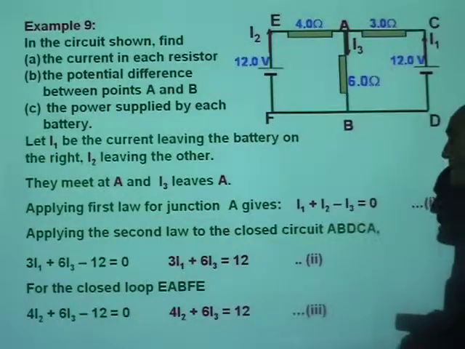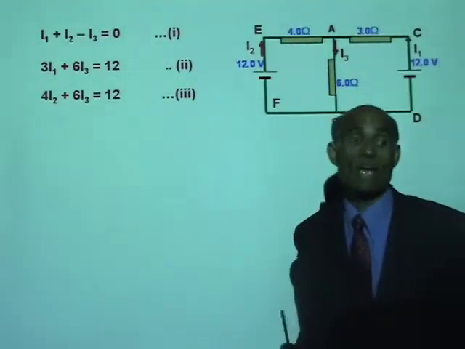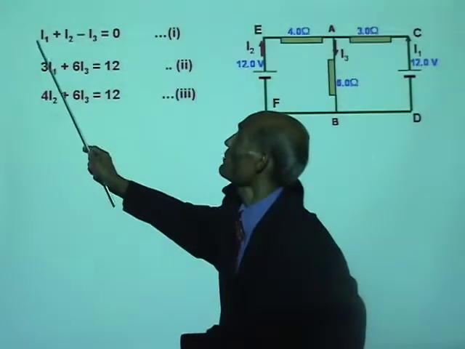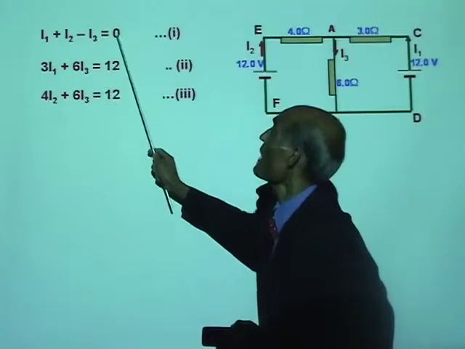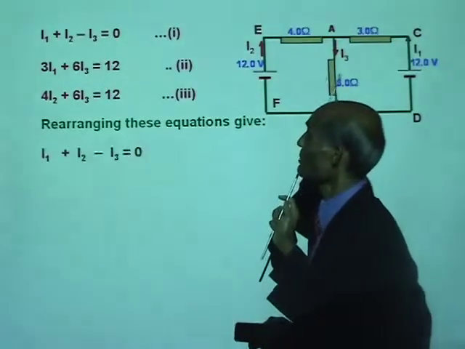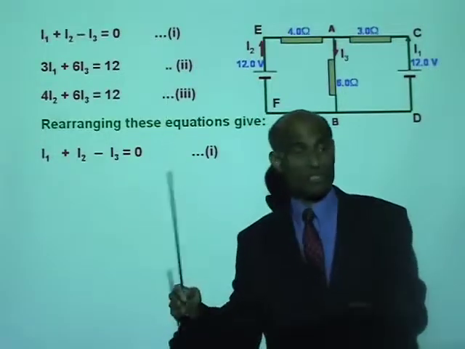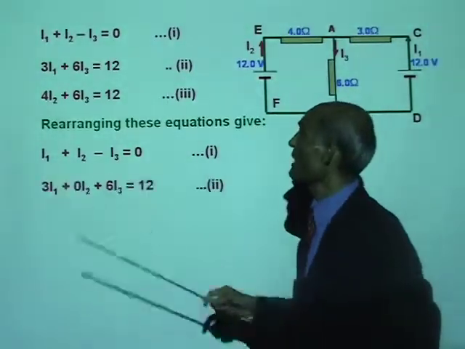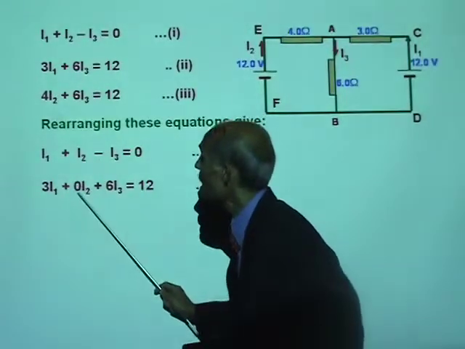Okay. Now, write down these equations in the proper way. It will be 1I1 plus 1I2 minus 1I3 equal to 0. Rearrange the equation. I haven't this time put the ones, but you understand that. And the second equation is 3I1 plus 0I2.